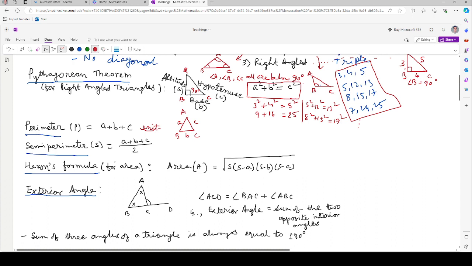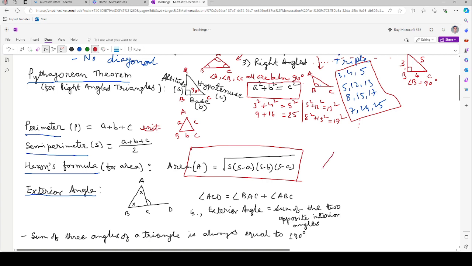Now, we are coming to Heron's formula for area. Heron's formula is like that: area A equals root over of S into S minus A into S minus B into S minus C, where S is the semi-perimeter and A, B, C are the lengths of the sides of a triangle.